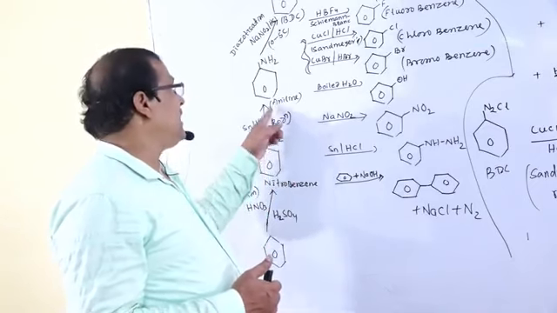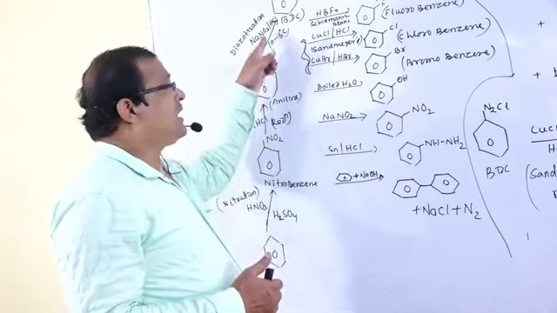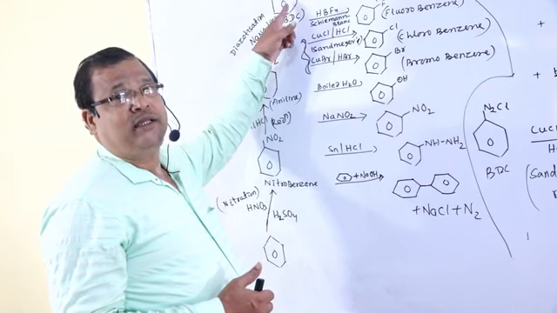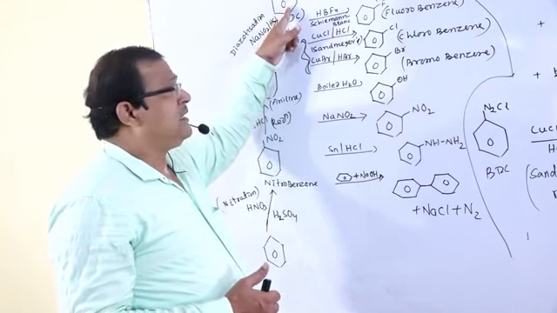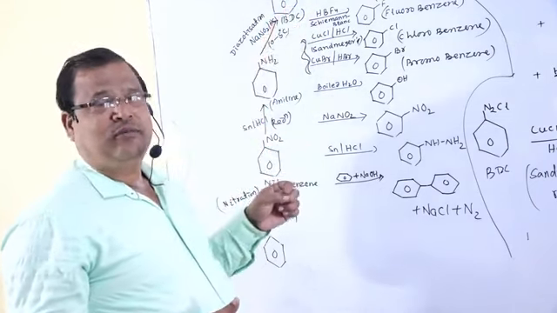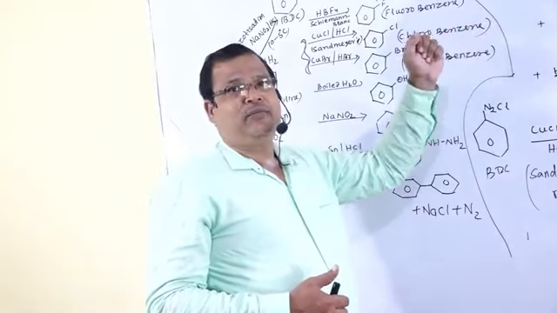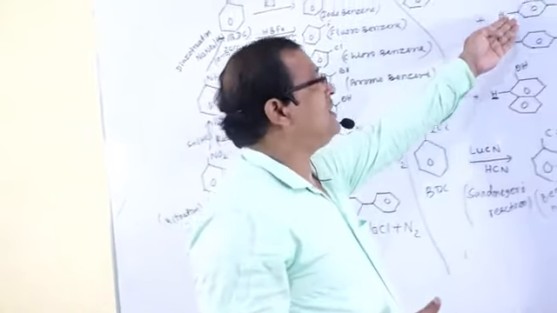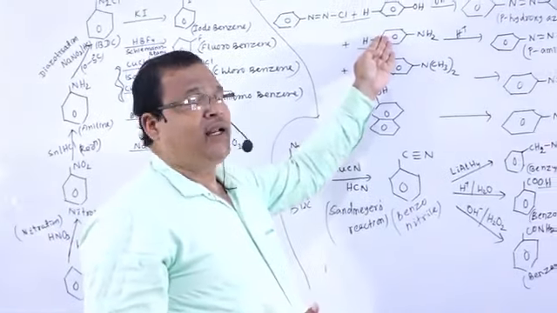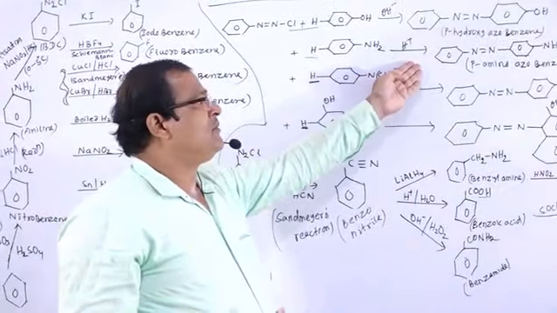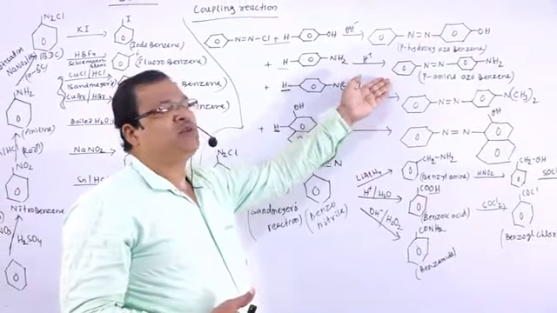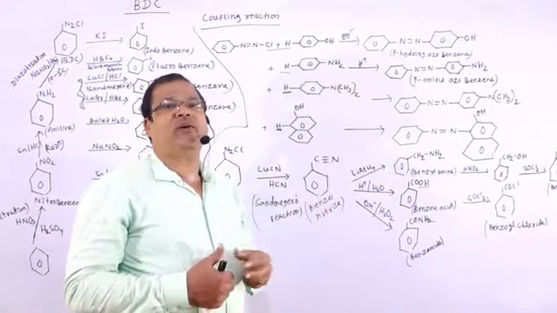Nitrobenzene, tin and HCl gives aniline. Aniline treated with NaNO2 and HCl gives BDC. BDC treated with aniline forms p-amino azobenzene. So these are all the different conversions.